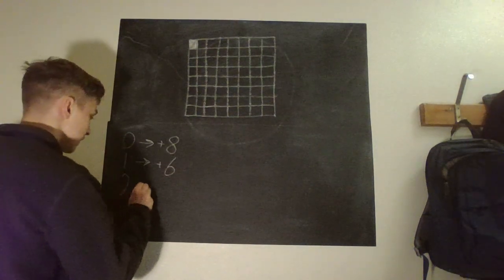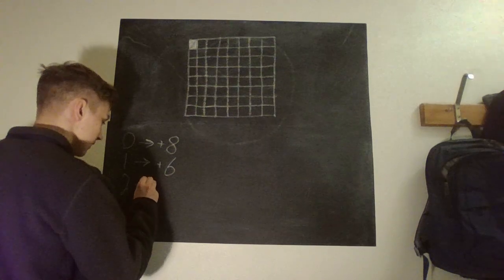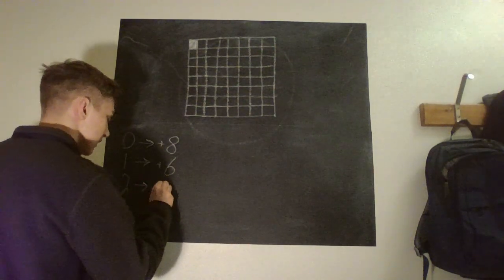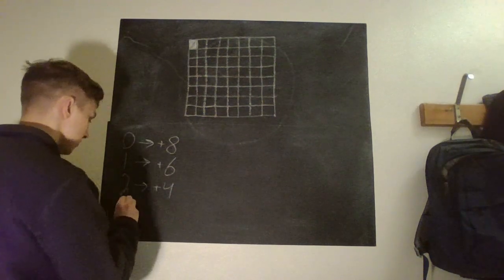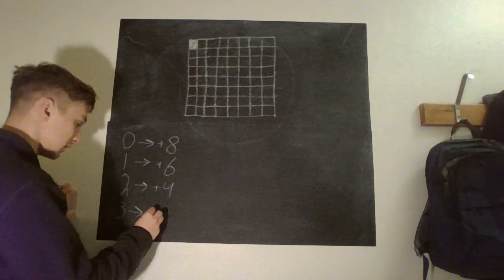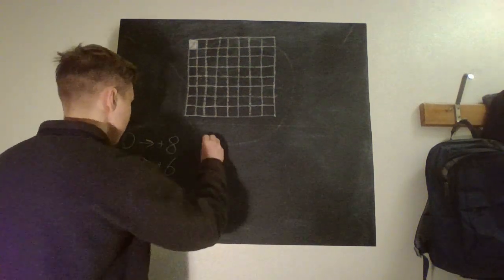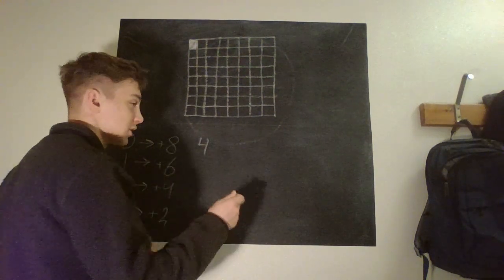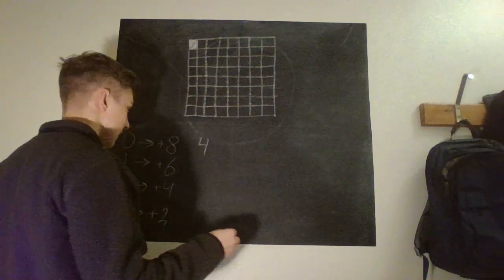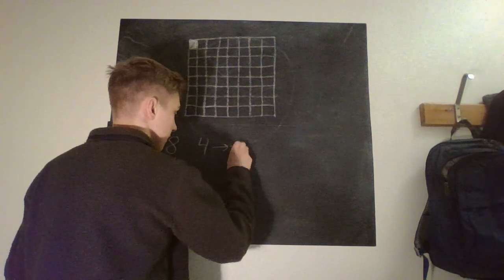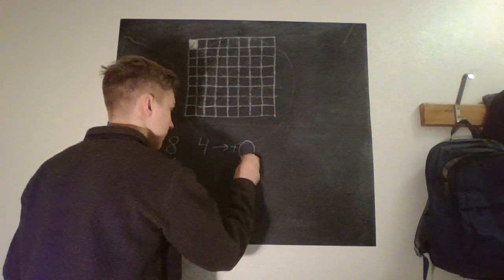And then 2 gives, because we go from 2 to 6, plus 4 whites. And maybe you should see the pattern here. If we have 4, then 4 becomes 4, so that doesn't make any difference. So that gives plus 0.